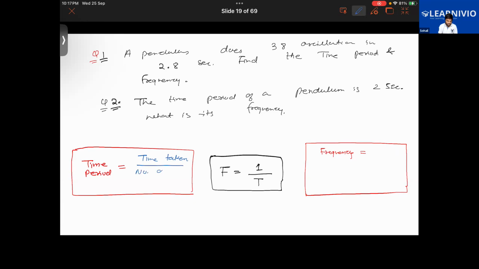And for frequency, it's the opposite: the number of oscillations done in a given time. So you have all the things available here. You guys solve it quickly. Gauss, you're getting frequency this and time period this.